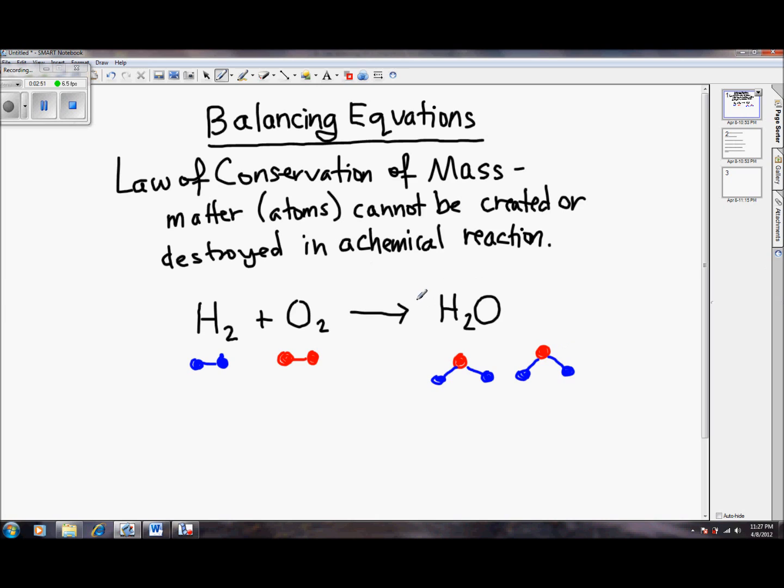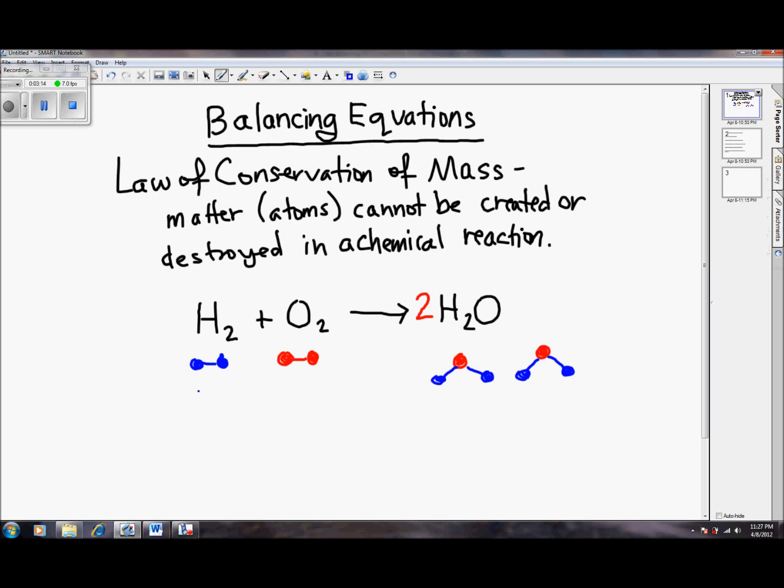So to show that, I'm going to put the number 2 into the equation in front of the formula for water. Well, now the problem is now I have 1, 2, 3, 4 hydrogen atoms, but on the left side of the arrow I'm only beginning with 2 hydrogen atoms. Well, the law of conservation of mass says whatever I start with, I have to end with.